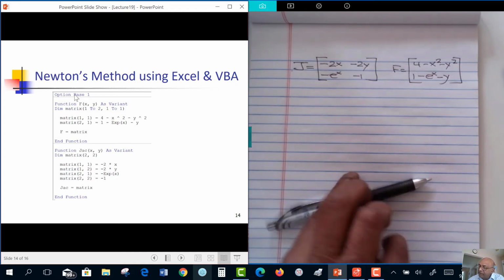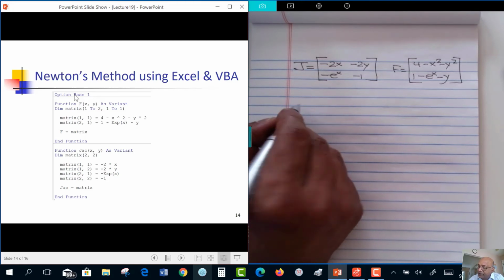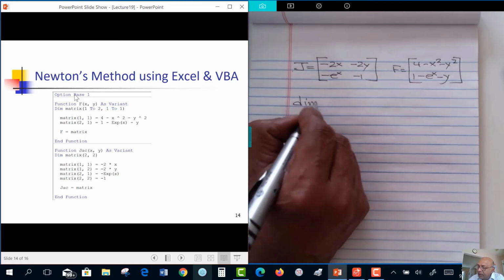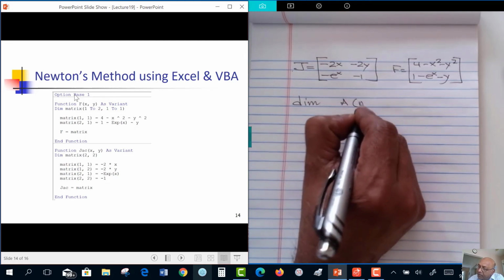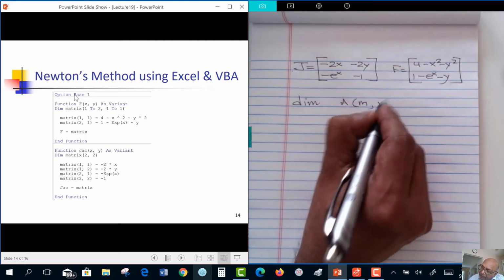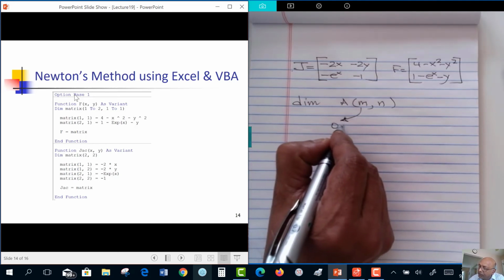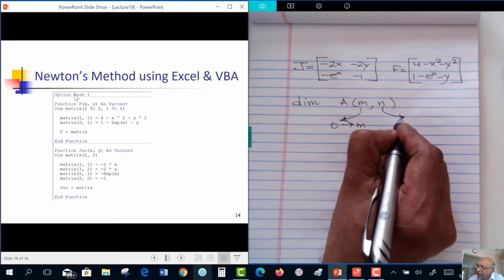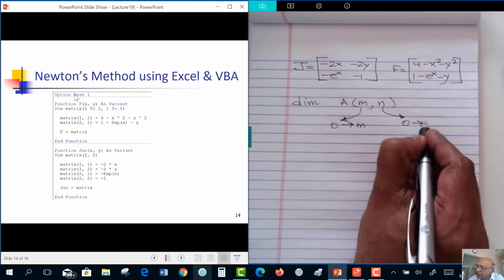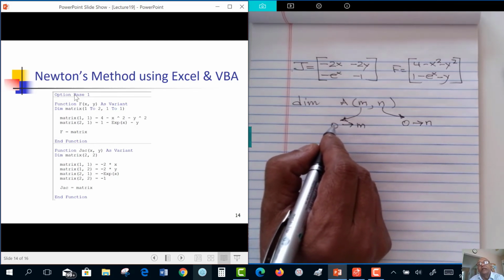Normally in VBA, whenever we are giving a dimension to a matrix, so suppose we say dimension matrix A and we make it m by n, what it means is basically that these indices go from 0 through m, 0 through n. So it starts numbering from 0. In matrices, we don't start numbering with 0.